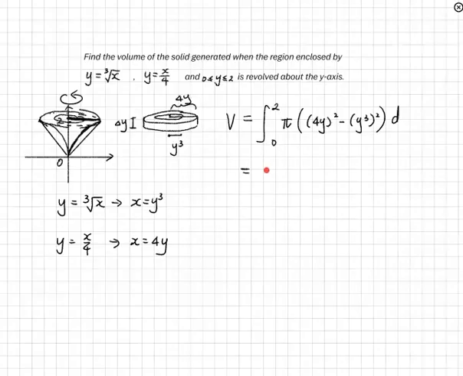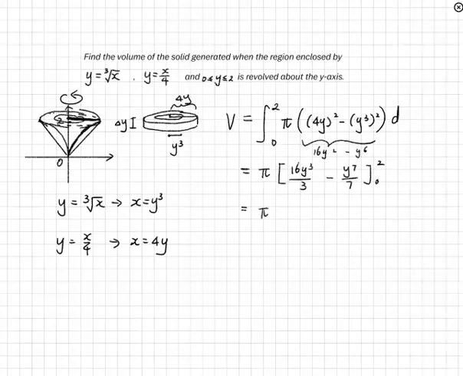Now we just need to integrate it. Take the pi out and integrate this part. When you expand it, it's 16y squared minus y to the power of 6. If you integrate it, it's 16y cubed on 3 minus y to the power of 7 on 7, and the boundary is from 0 to 2.